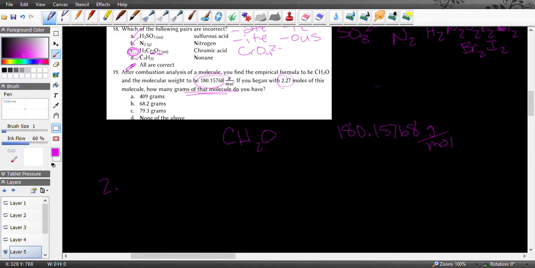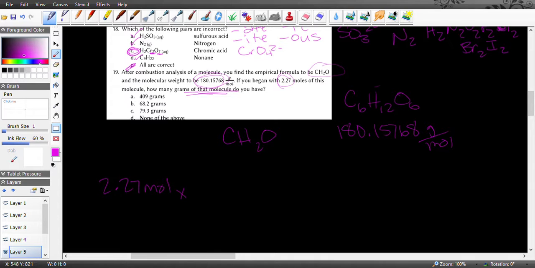You have 2.27 mole of the molecule with the empirical formula of that. And by the way, it's C6H12O6. This is what the actual molecule is, but if you know the molecular weight, which I don't know why I did this, then you can just do this.